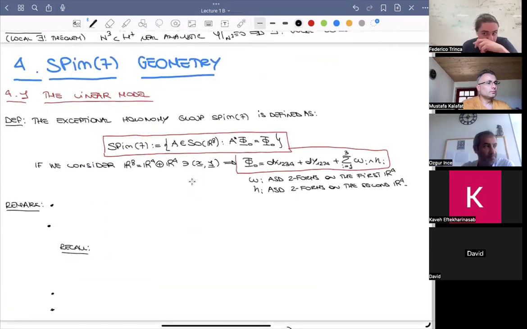Okay, if there are no questions on G2, let's just touch on something about Spin(7) as well. So once again, we need a linear model and to define what is Spin(7).